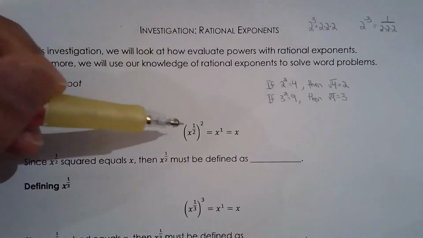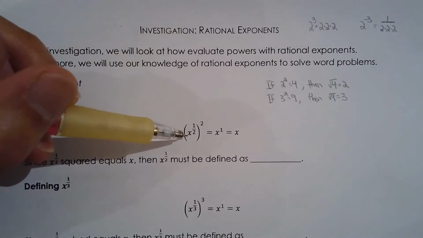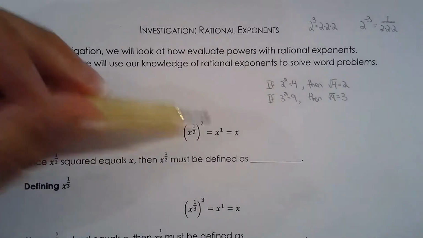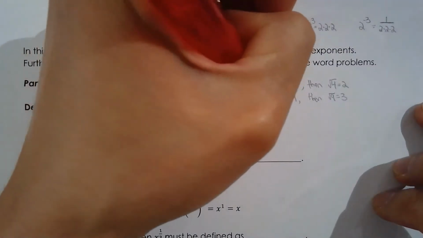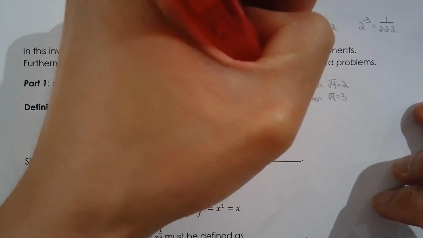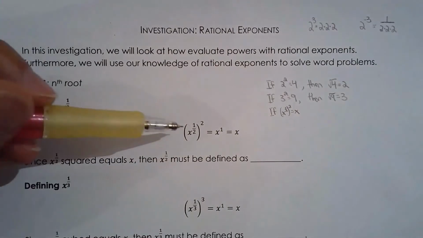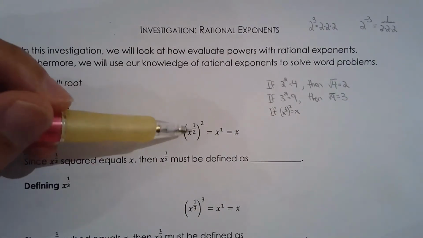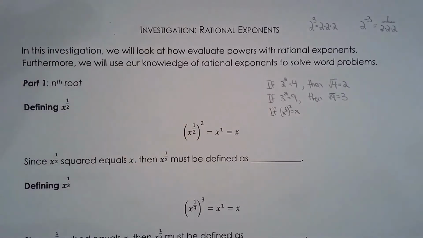So let's take a look at what we wrote here. If x to the power of 1/2, squared, is equal to x, and that is true because when we apply the power law of exponents, we multiply 1/2 times 2, which is 1, which is just x.